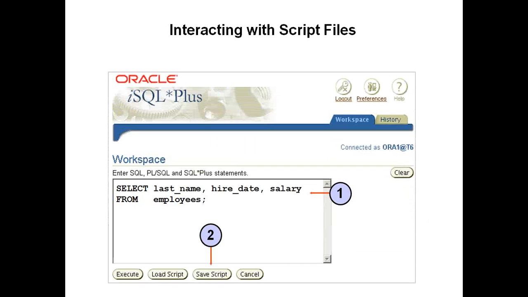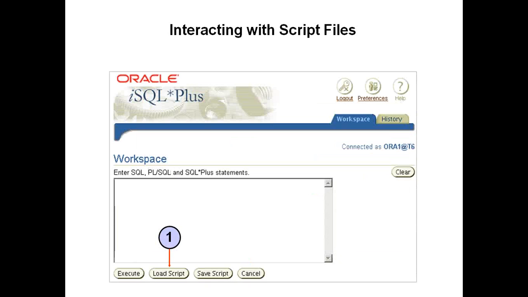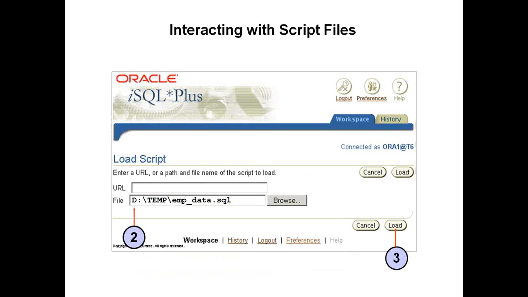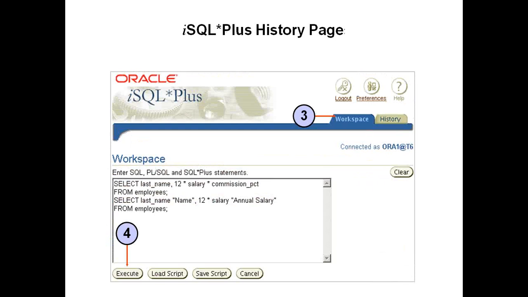And we have already been discussing that we can save the script once you have written something. Once you click on save script, it is going to ask you the location where you want to save it. And once you save the script, you can load the script at a later point of time using this browse method.